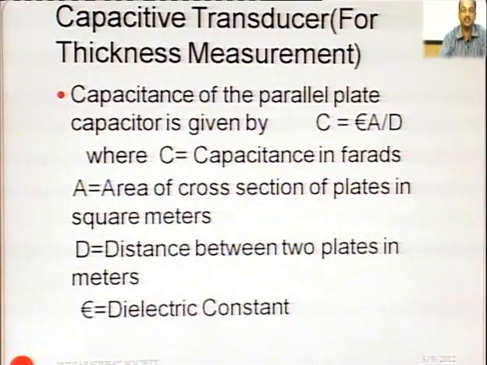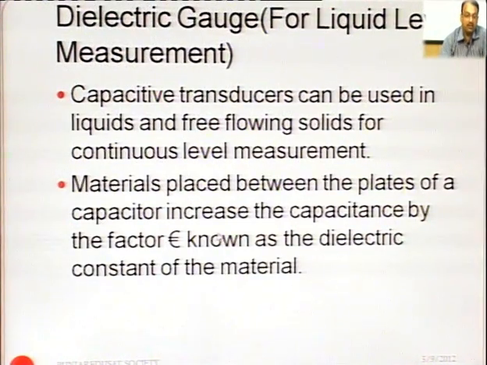When we place a material between the two plates, its thickness varies the distance, which is directly calibrated with the thickness of the material, so we can calculate the variable capacitance. This variable capacitance, which depends upon the distance between the plates D, gives us the thickness of the material to be measured. Another application of this variable capacitive transducer is the dielectric gauge, used for liquid level measurement.